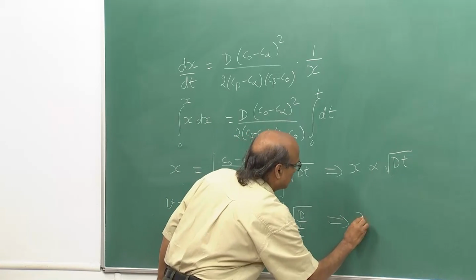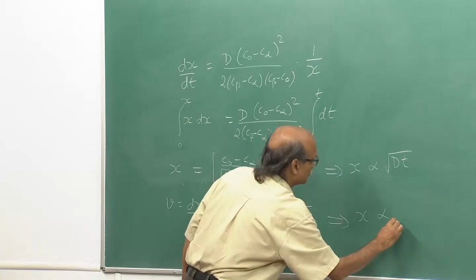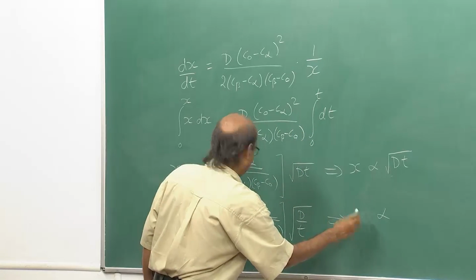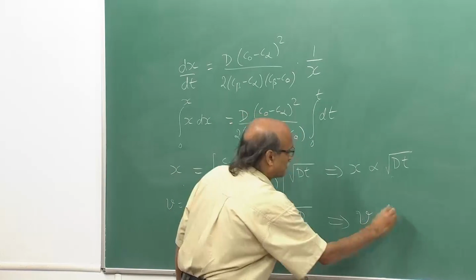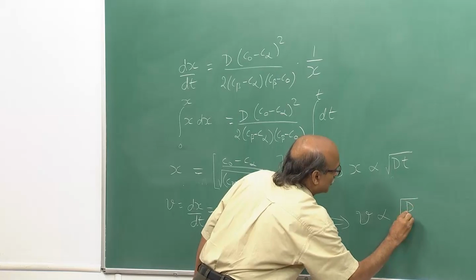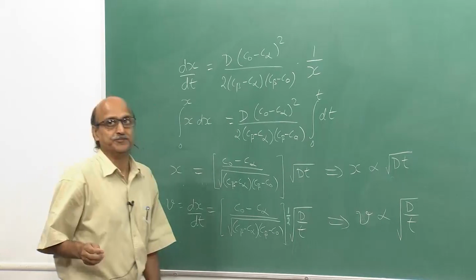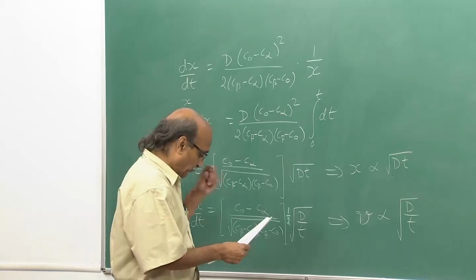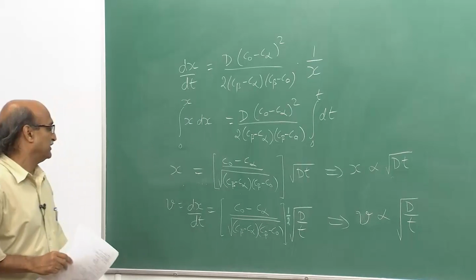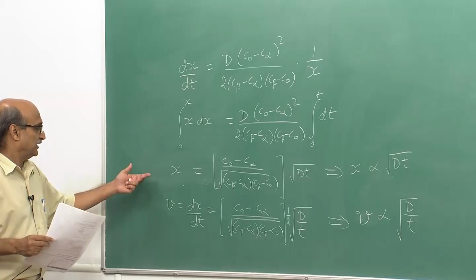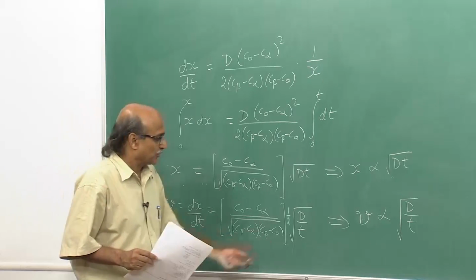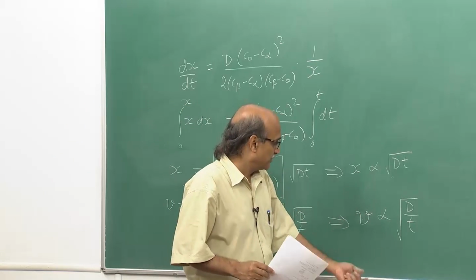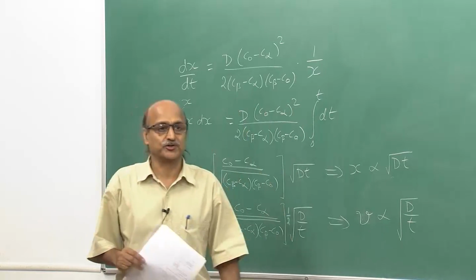So the velocity v is directly proportional to square root of D by t. So, one thing is clear, that growth rate is not a constant at a given temperature. In fact, it is going to be a function of time.